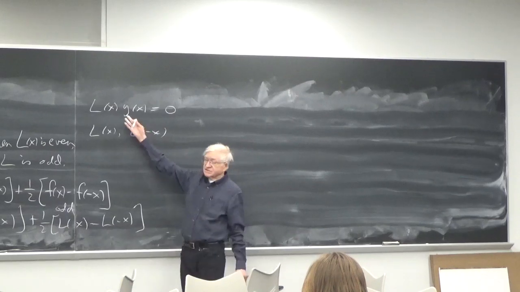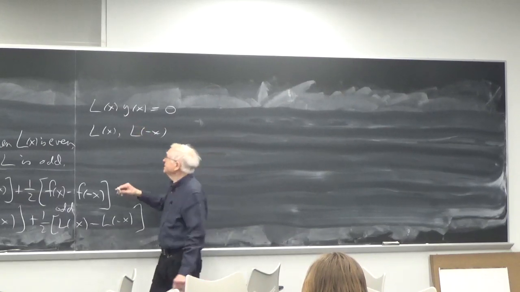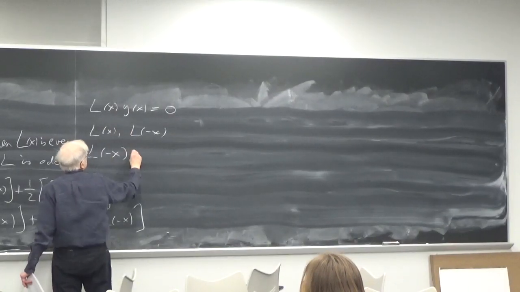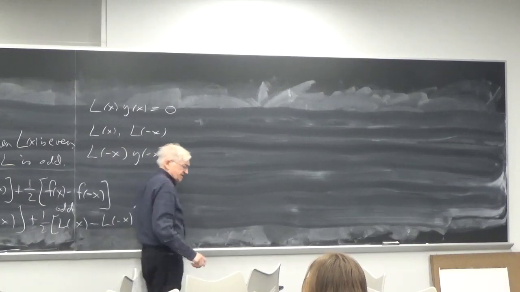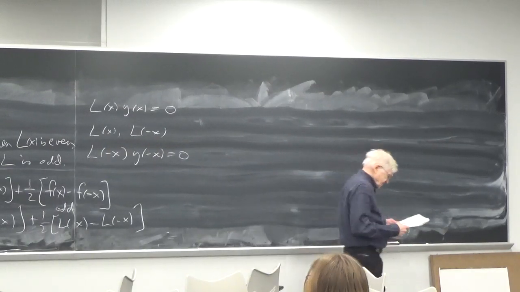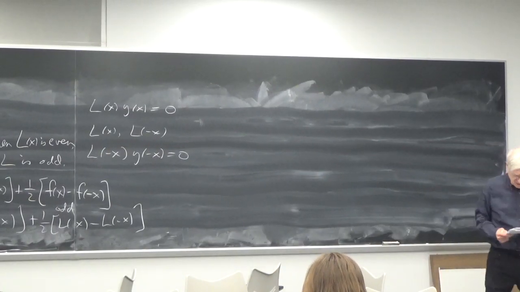Then if this equation is true for all x, we can set x equal to minus x, and we'll have the equation L of minus x, y of minus x is equal to 0.